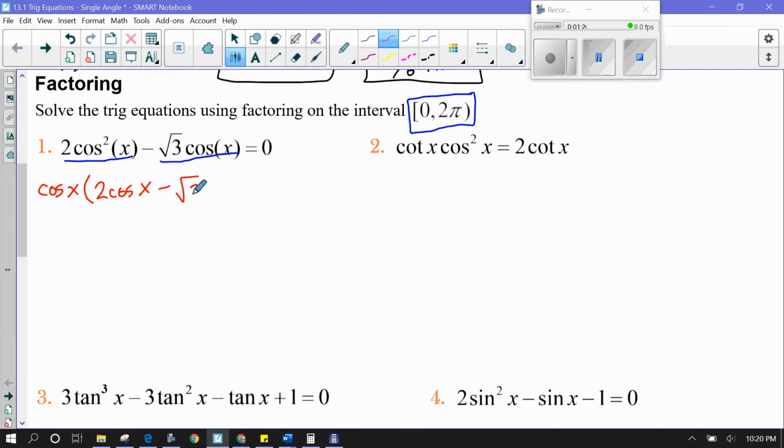Now at this point I'm going to use the zero product property that says I can take these two factors, so cosine x is a factor and all of this part there is a factor as well, and I can separate them and set them both equal to 0. Cosine x is equal to 0, and that whole other part is also equal to 0.